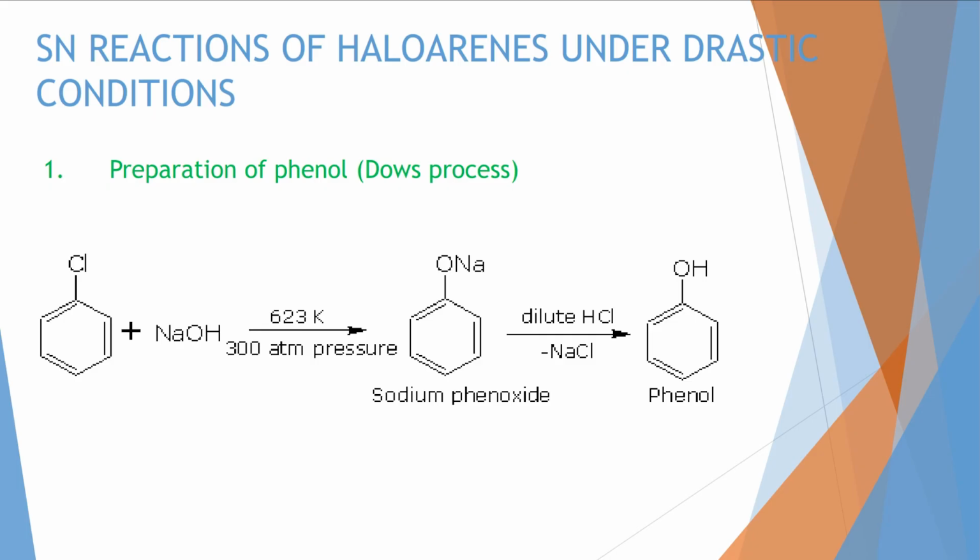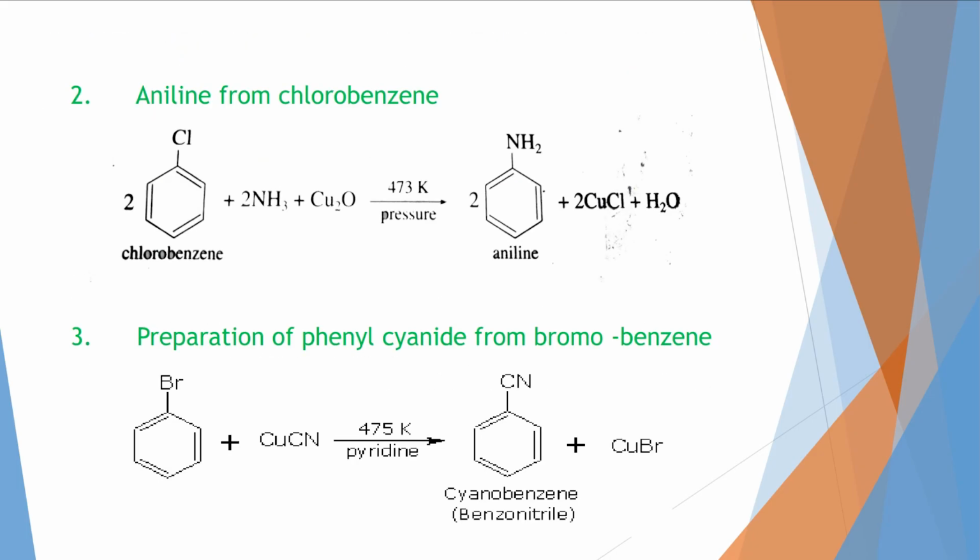We can also get aniline from chlorobenzene by making it react with ammonia and cuprous oxide. Please note down this equation. Similarly, bromobenzene reacts with cuprous cyanide at high temperature to give the product cyanobenzene.